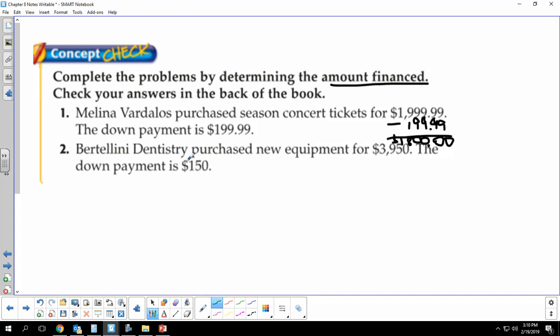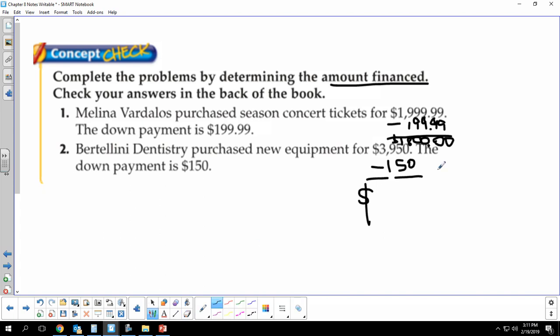Okay, Berlini Dentistry purchased new equipment for $3,950. The down payment is $150, so I'm going to subtract out $150 from here. Nope, hold on.